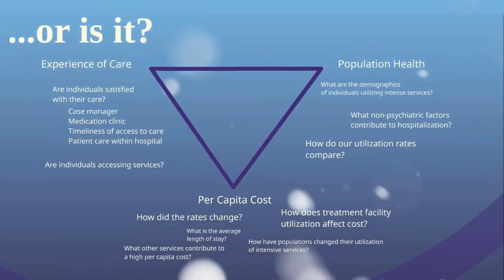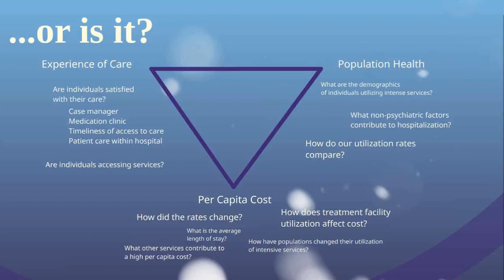The second piece is per capita cost. So have the rates changed? Can you look at numbers from past budgets or past expenses to say, have the rates changed? What is the average length of stay right now, and how does that compare to past lengths of stay? What other services contribute to a high per capita cost? So are they going to a specialized service?